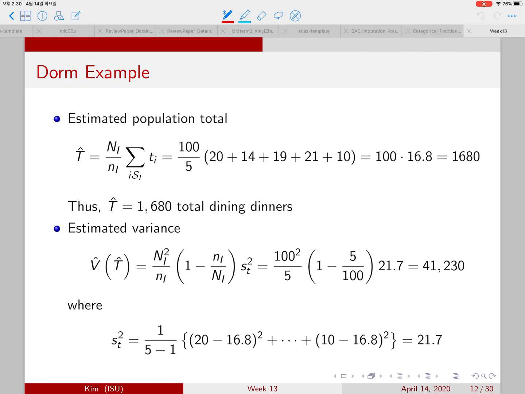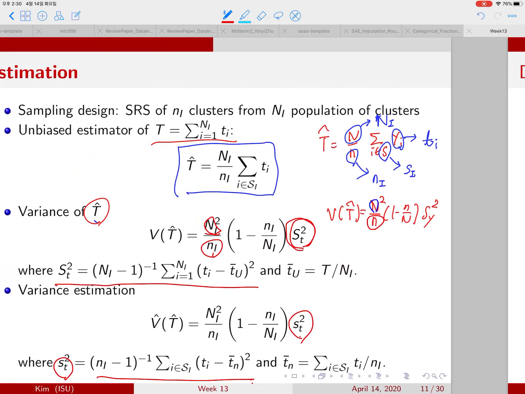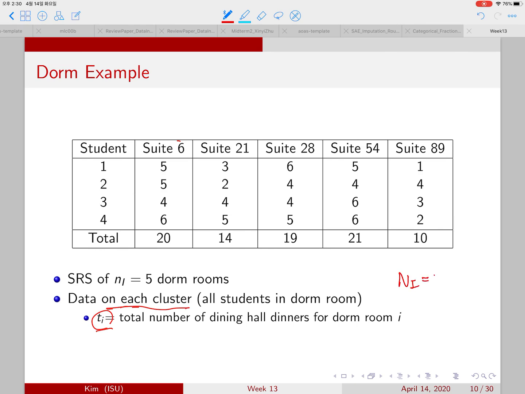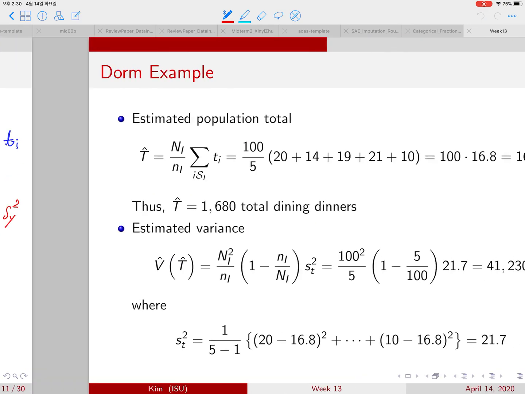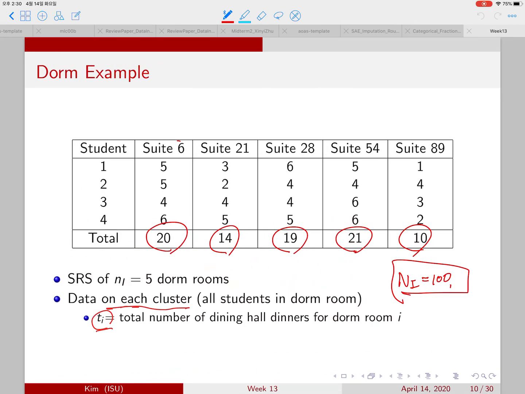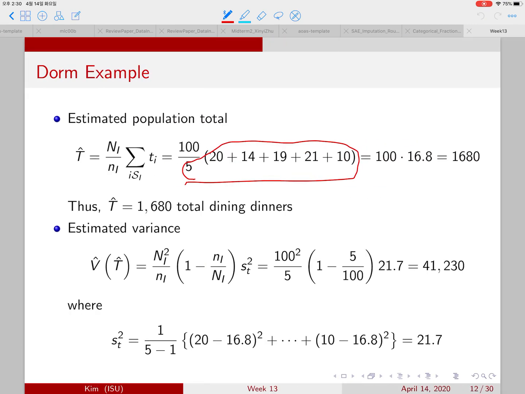Let's take a look at this dorm example. Among the 100 rooms, we select 5, so these are the 5 observations. We only have to take the average of these 5 t_i values in the sample and then multiply by 100.